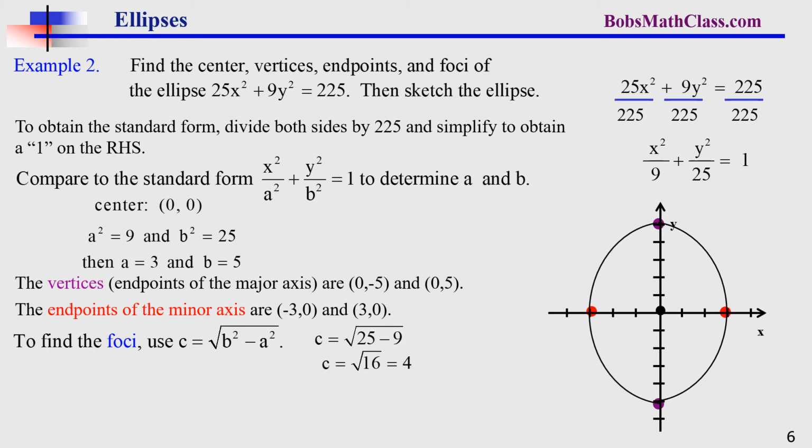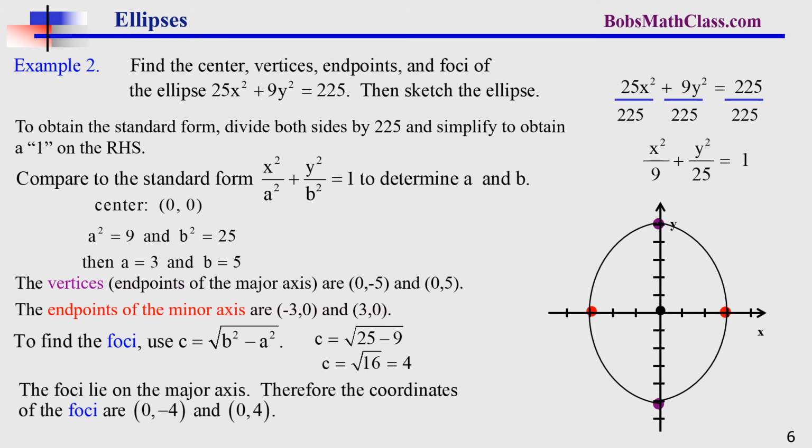So that gives us the square root of 16, which is 4. It's always on the major axis, so that means we're going to go 4 up, 4 down, for our foci. So that gives us our points 0, -4, and 0, +4.